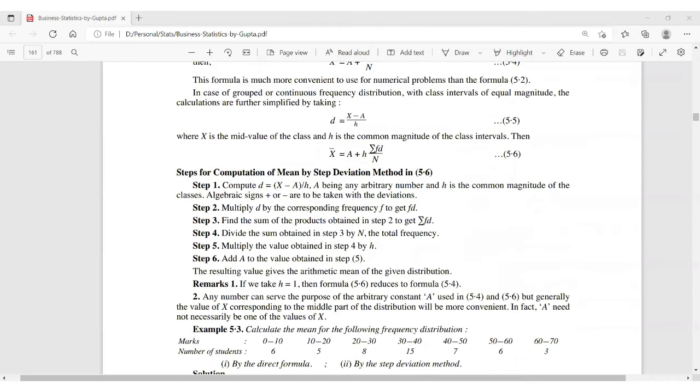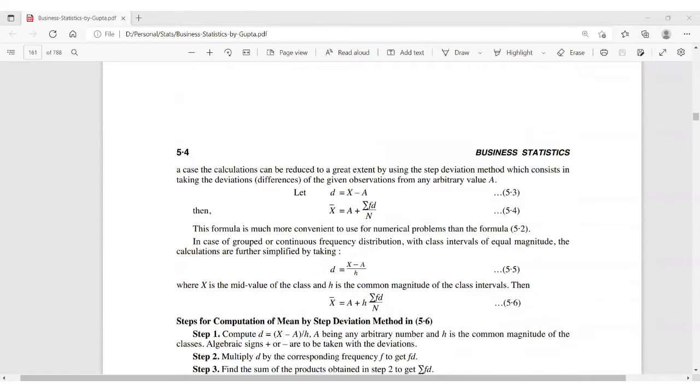Okay. Now come to this step division method.